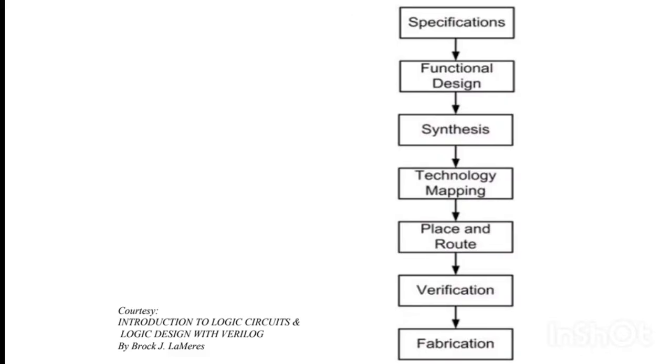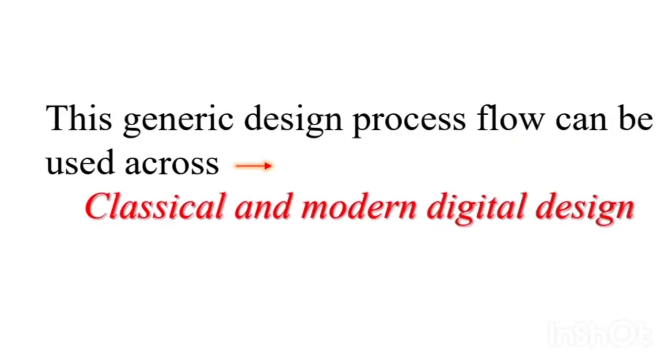The implementation can be performed in the form of an ASIC, that is application specific integrated circuit, or programmable devices can be used, or board level implementation can be done. The generic design flow discussed so far can be applied across classical and modern digital design flow.